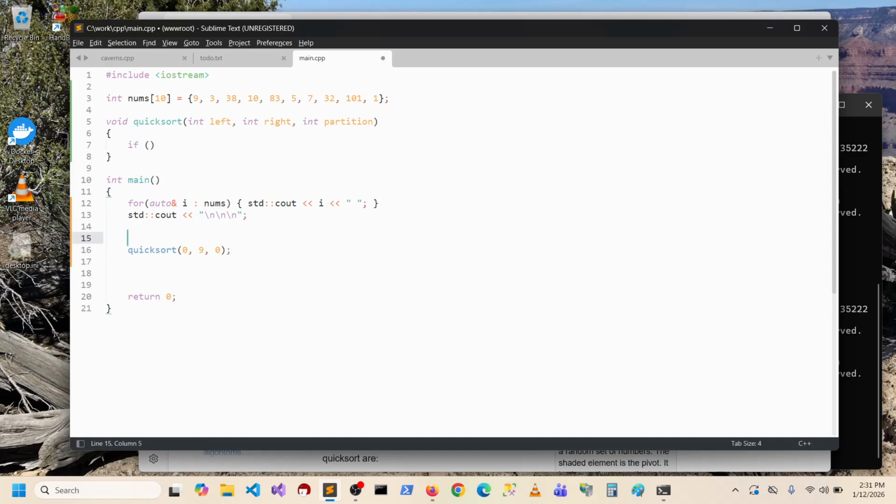Okay, let me see that. So if I do that, does that mean I have to start the left index at 1? I think it does. How do you even handle that anyway? So if I'm at 1 and the other one's at 9 and they swap, so that goes there. That means the partition is always staying at 0.